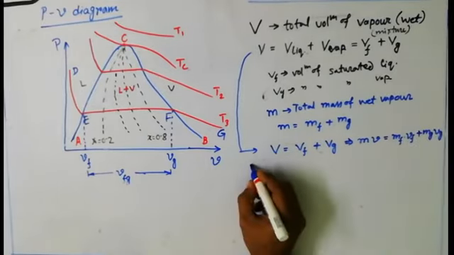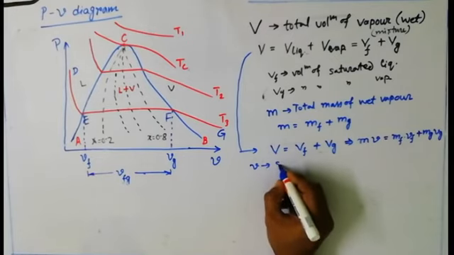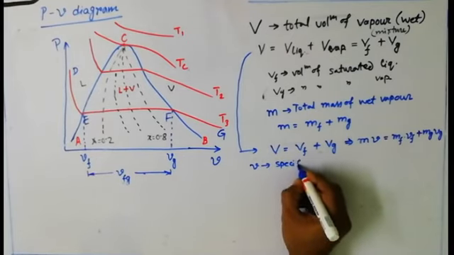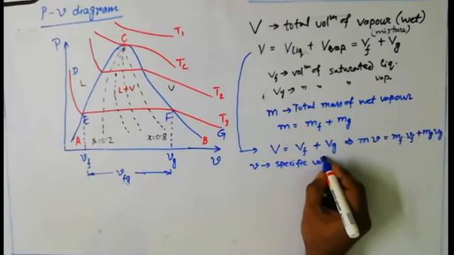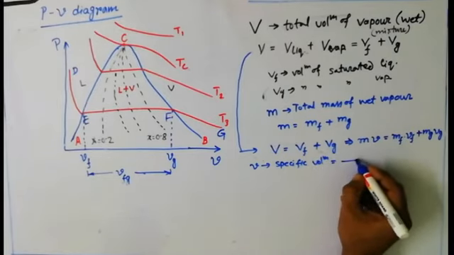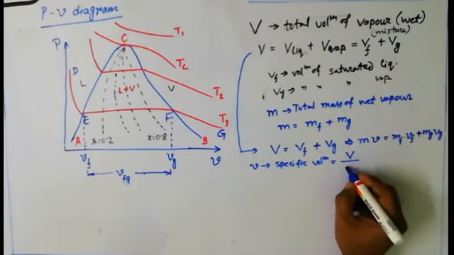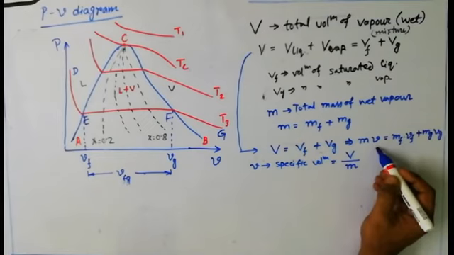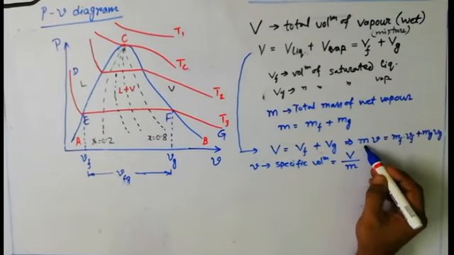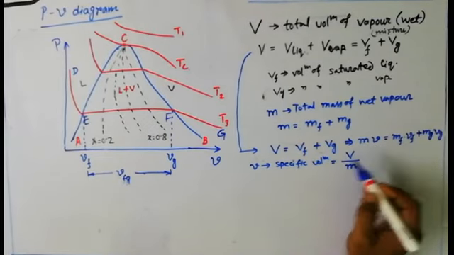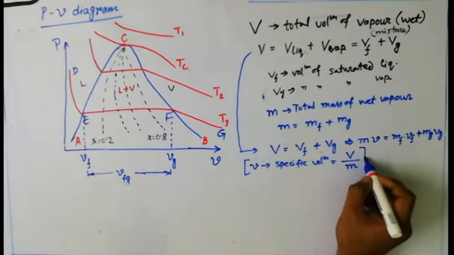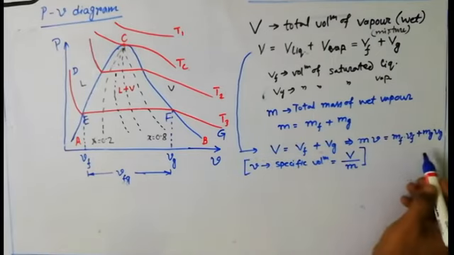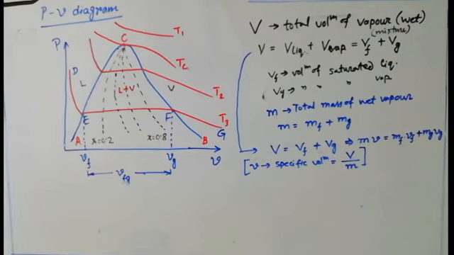Why? Because small v is nothing but specific volume, and specific volume is nothing but total volume by unit mass. So if the specific volume is multiplied by m again, it will give you total volume. That way I can obviously convert that equation into this equation easily.